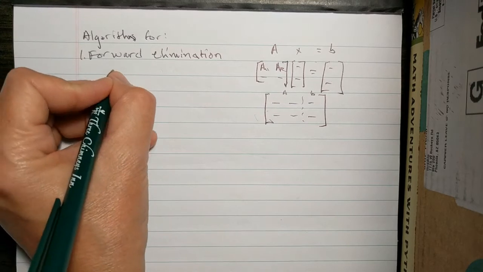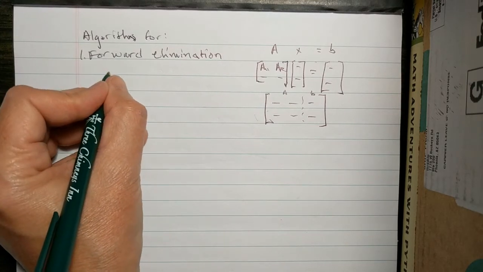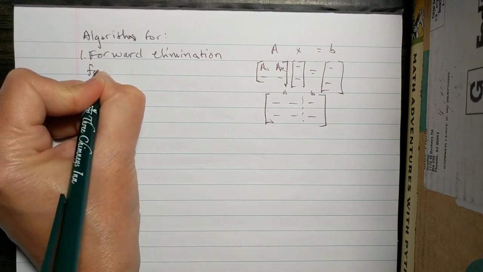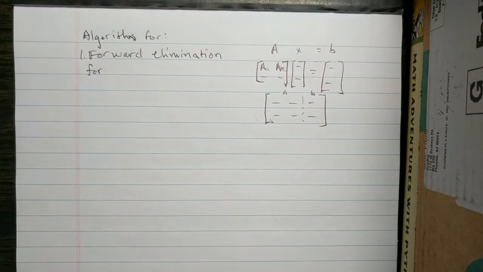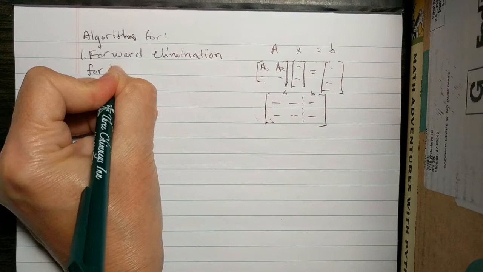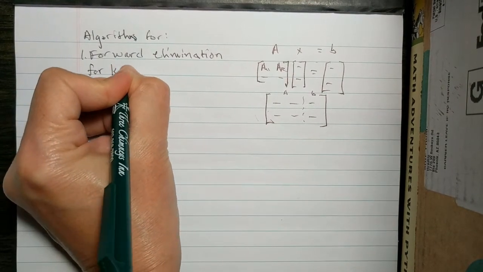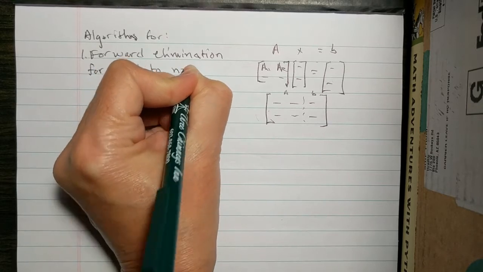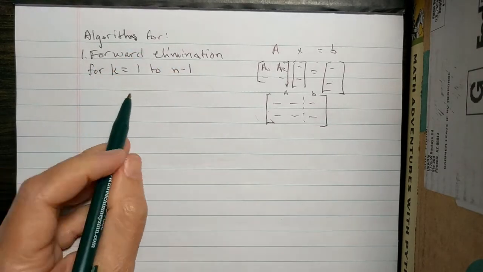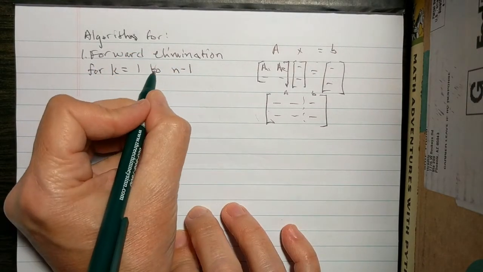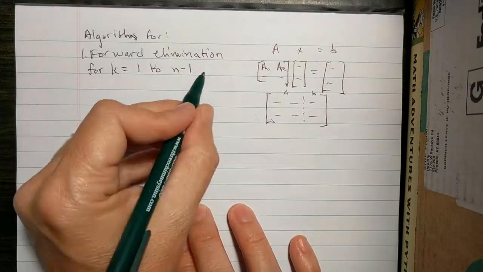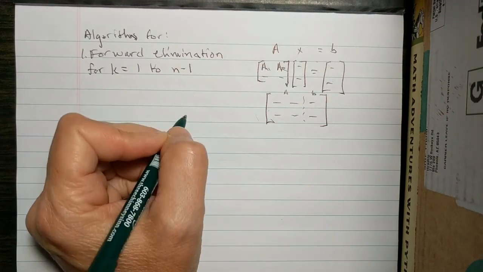All right, so the way this looks is, I'm going to write this generically, so it's not in a specific language. I'm going to say for k equals 1 to n minus 1. In MATLAB there would be a colon here, but it would be different in Python, different in Fortran, different in C. So I'm just writing this generically, so you know this is a for loop.